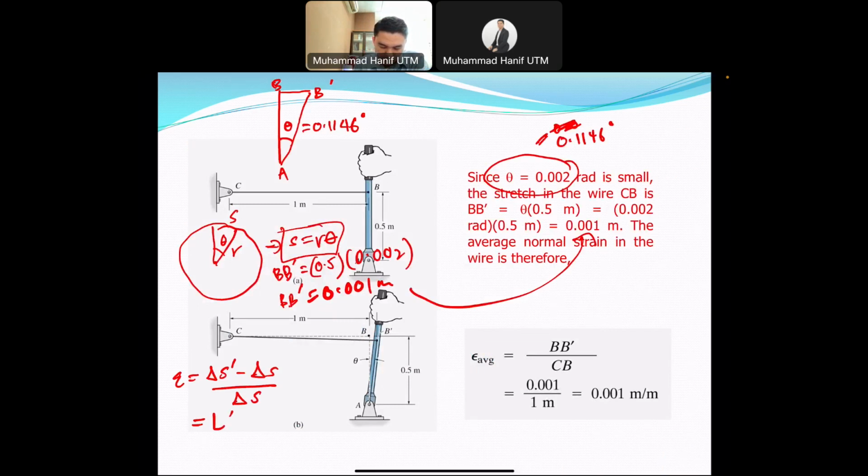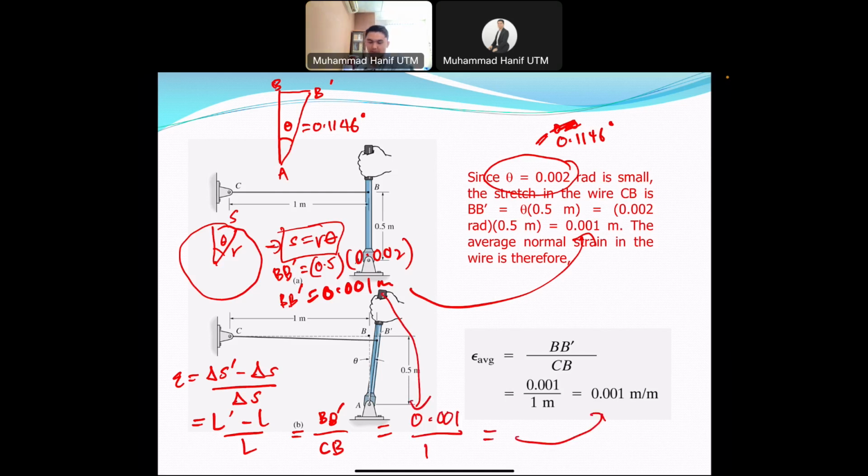For this case, L prime minus L is equal to BB prime over CB. So you have this value of BB prime, just put it into the equation, and CB into the equation. You will have this answer. As simple as that.